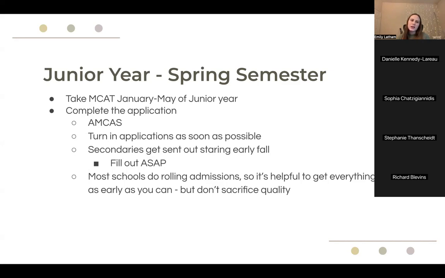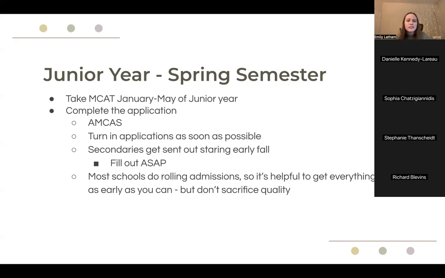It's a little different every year, and I'll get into the exact dates for this upcoming cycle in a little bit. But you want to turn in your applications as soon as possible because admissions are rolling, so they'll look at applications in the order that they're received. It's just helpful to get them in early.